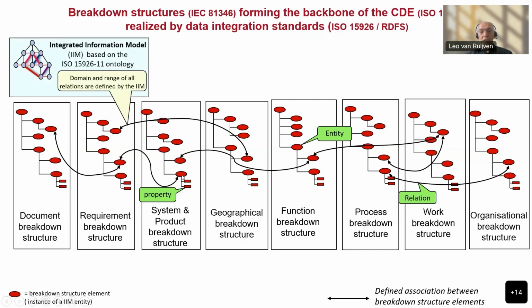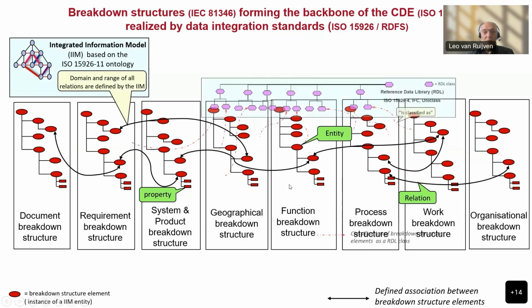The relationships we defined in the ISO 15926 Part 11 ontology, where we have, say, 250 standardized semantic relationships, including domain, allowed domain and range, which is used to make a clear representation of the whole facility over all disciplines, over the whole life cycle.